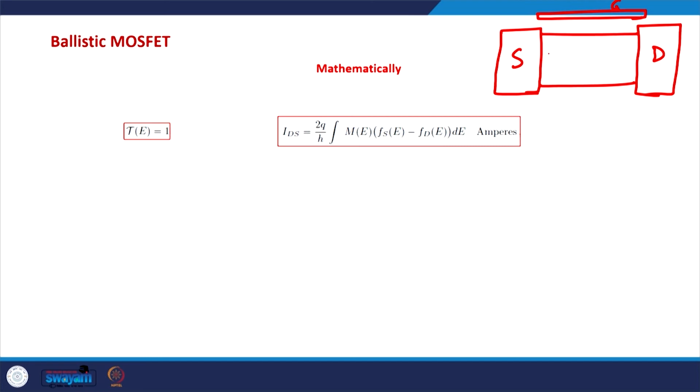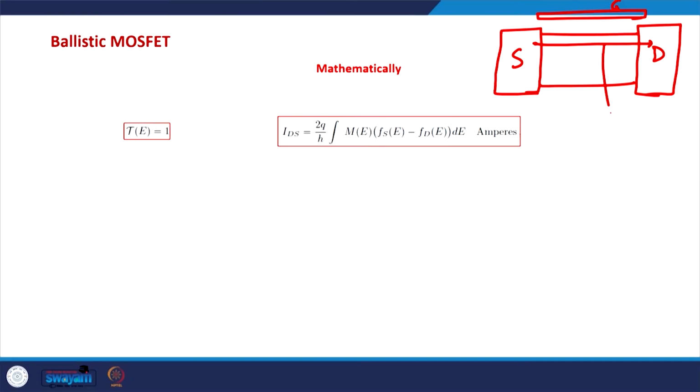In a ballistic MOSFET, the electron starts from the left contact and directly goes to the right contact without any collision in the channel. So it travels without collisions, which means that the transmission coefficient is 1. There is no collision, no scattering in the channel. So the transmission factor is 1.